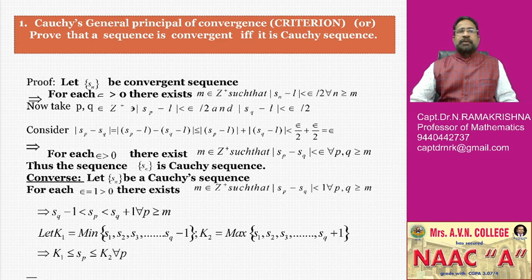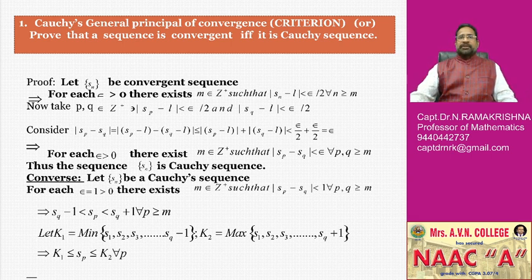First question. Cauchy's general principle of convergence, or prove that a sequence is convergent if and only if it is a Cauchy sequence. What is meant by a Cauchy sequence?